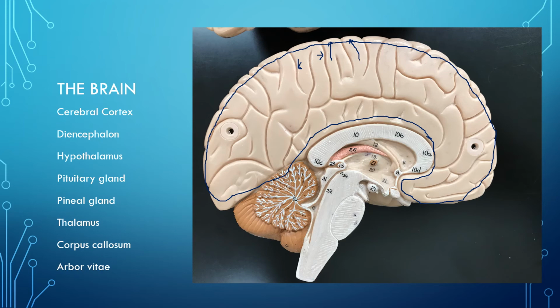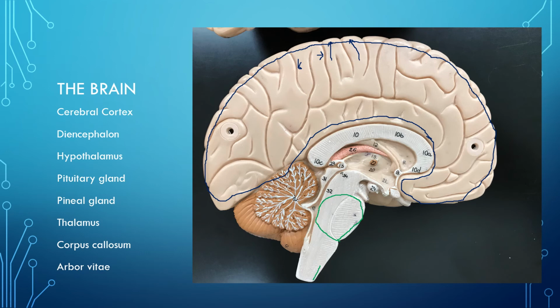Here, sorry, not down there, here is the pons. Okay, the pons. And the pons is basically like a relay station that relays information out to the cerebellum and back to the brain and spinal cord.